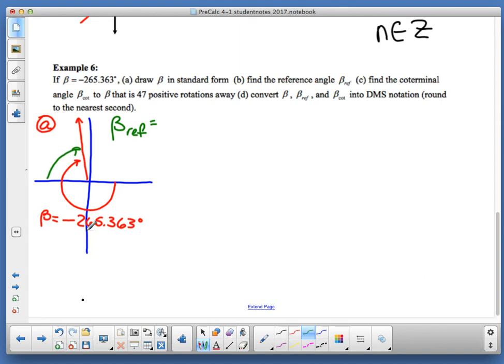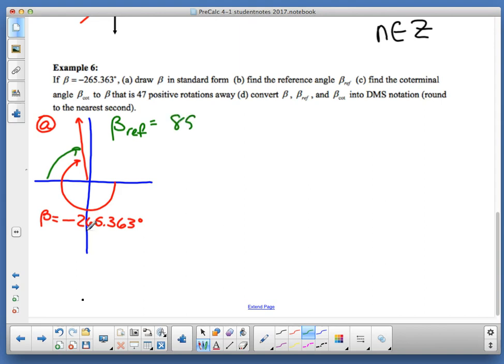Now, what sign should your reference angle have? It should be positive, okay? And remember, my beta reference is really all about the absolute value of negative 265 plus 180. So I just added 180 to both sides and I got that 85.